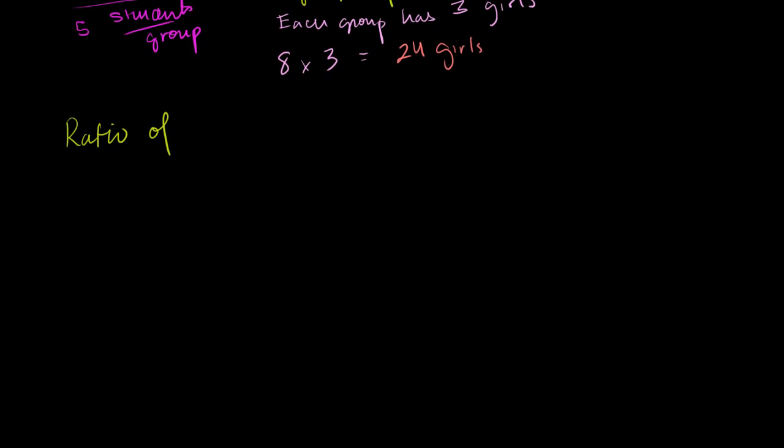The ratio of sheep, I'll do sheep in white, to chickens to pigs is, let's say, 2 to 5 to 10.